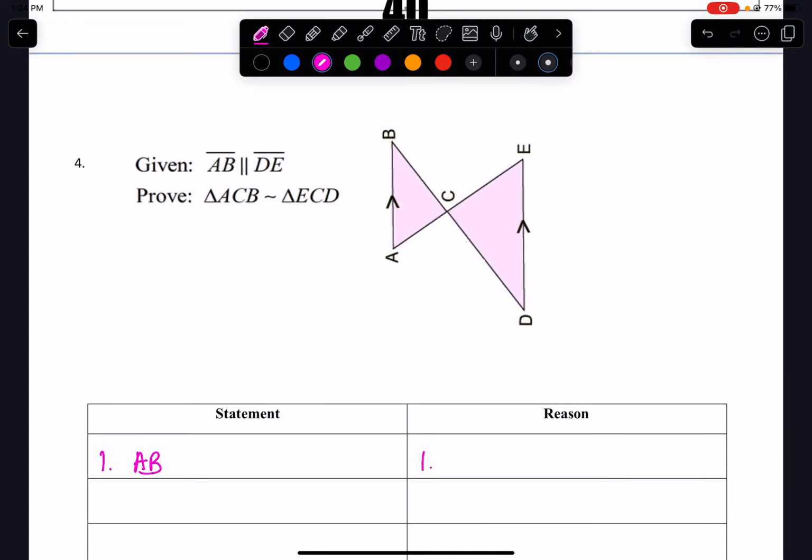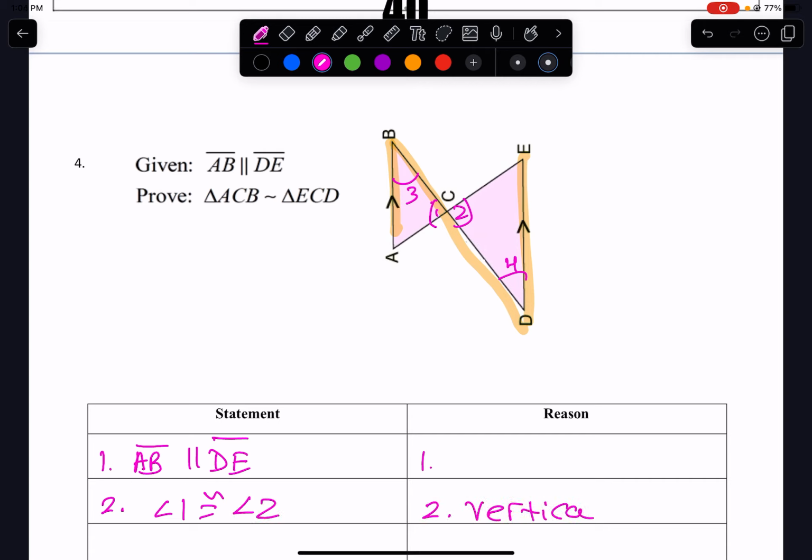We're given parallel lines. So I want to highlight them, make a Z. So I have my pair of alternate interior as well as a pair of vertical. Angle 1 is congruent to angle 2, vertical angles congruent.